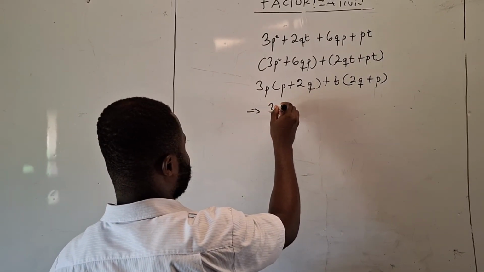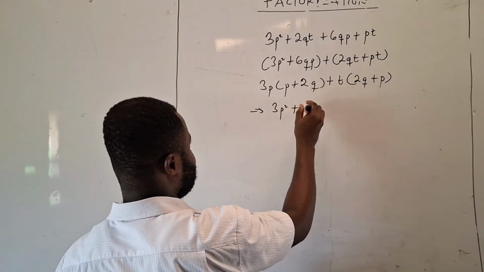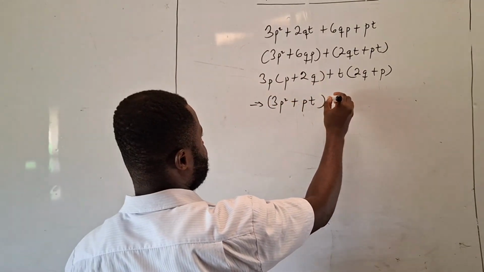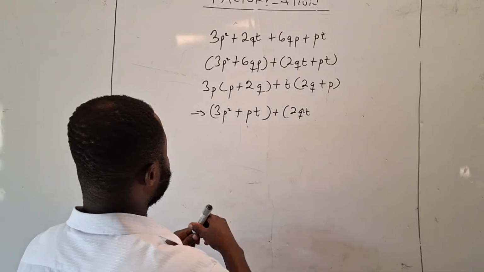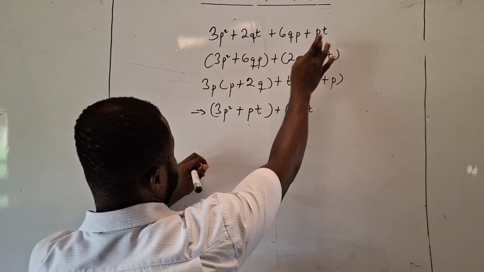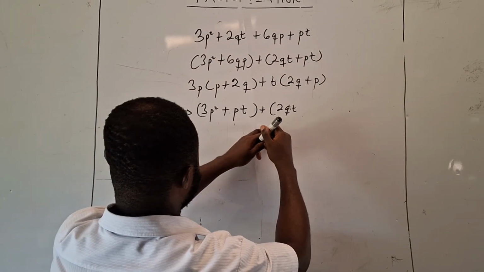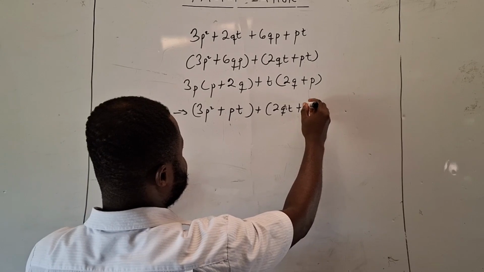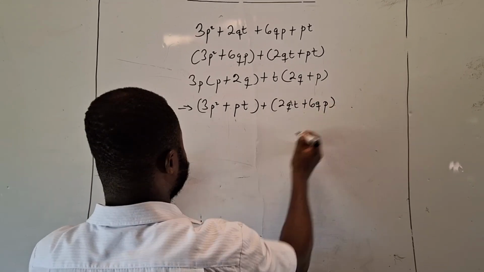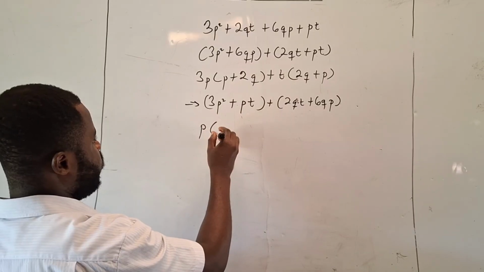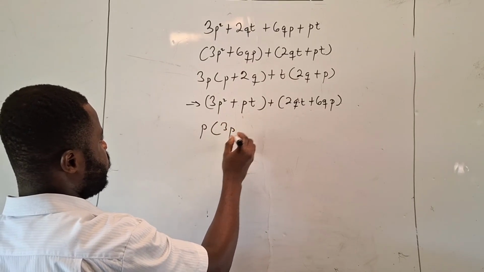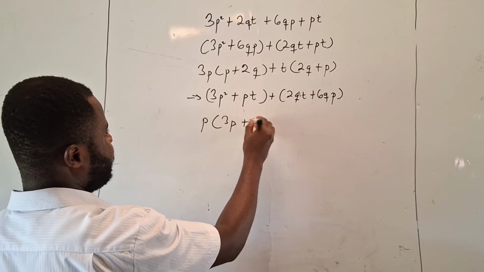So we can have 3p squared plus pt, then plus 2qt plus 6qp. Now for the letters here, you can have p out, 3p plus t.